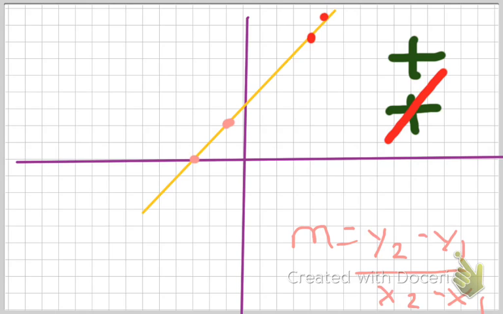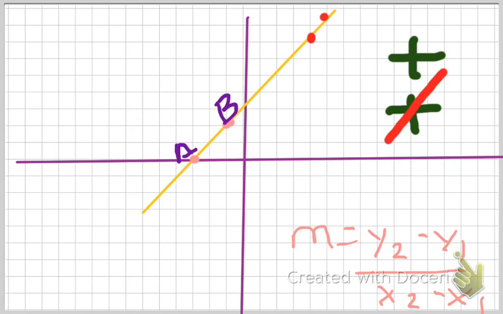The first point, I'm going to call A in purple, and the other one is B.